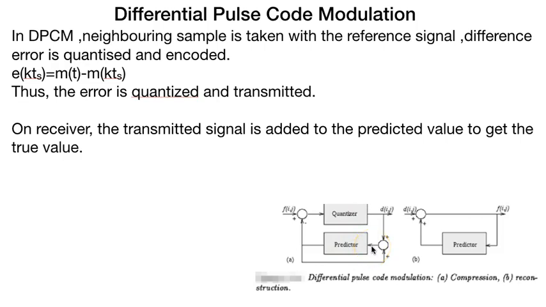A predictor checks whether the value of m(t) is greater or lesser than the quantized value, the nearest lesser value is subtracted from the original value to get you an error, and that error is quantized and sent over the medium.